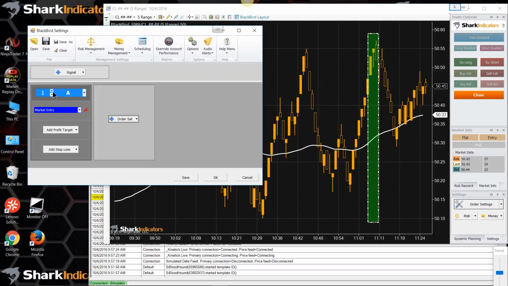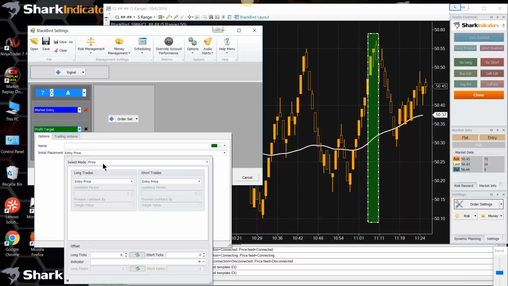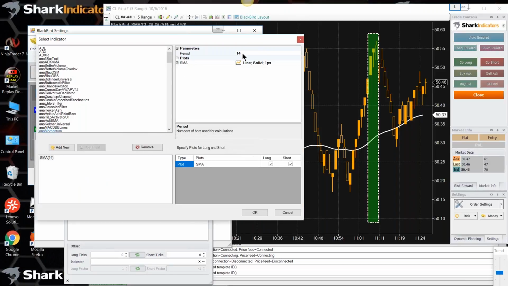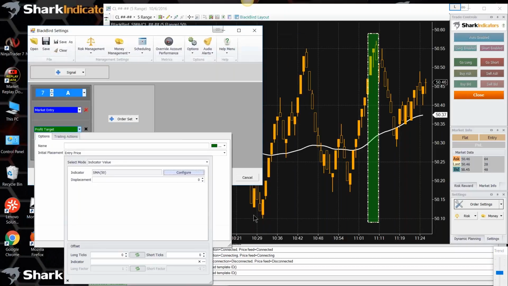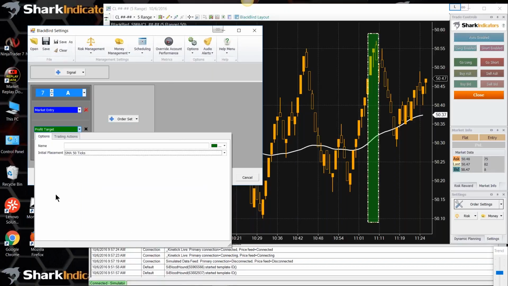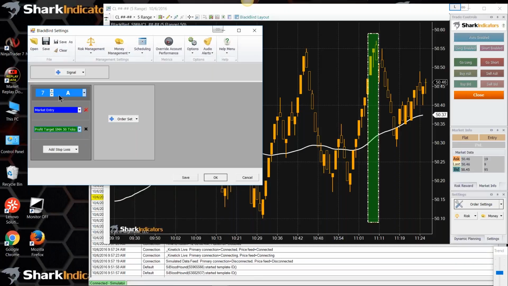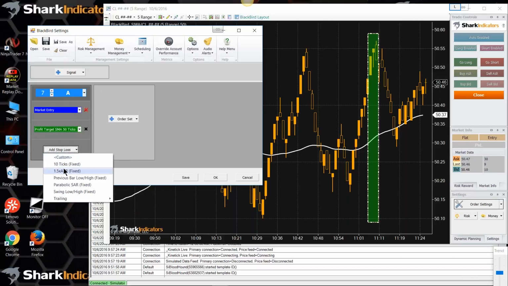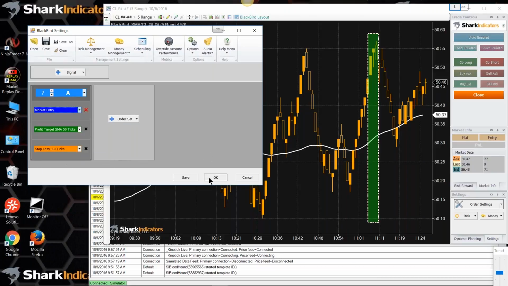Market order. And let's see, I had 7 up there. All right, let's do a custom profit target. And we're going to set it to an indicator value. And we want it to be the SMA 50, with a 50 tick offset like that. Okay, and great. And let's just throw in a stop loss just for good measure.